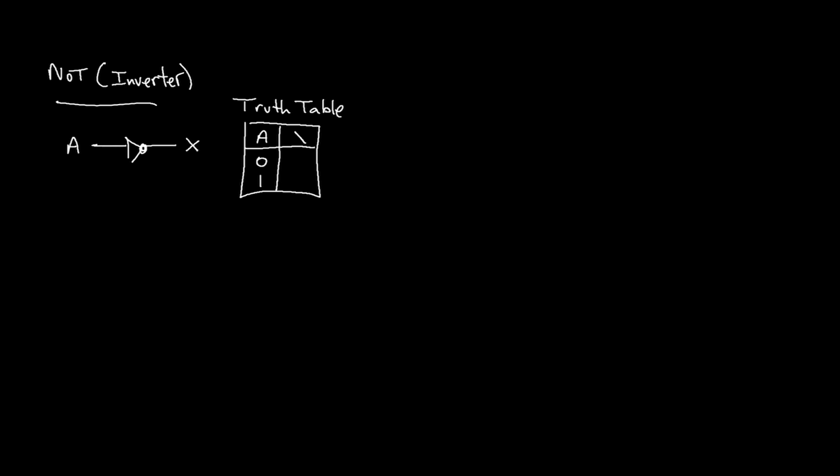Our output X, because it's an inverter or a NOT gate, will be the inverse of whatever's presented on A. So if 0 is presented on the input, the output is going to be a 1. If a 1 is presented on the input, the output is going to be a 0. Okay, so there you have a NOT gate and its truth table.